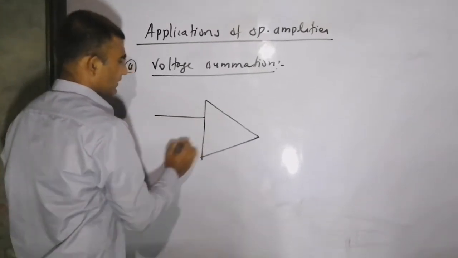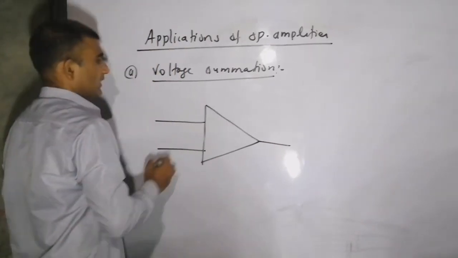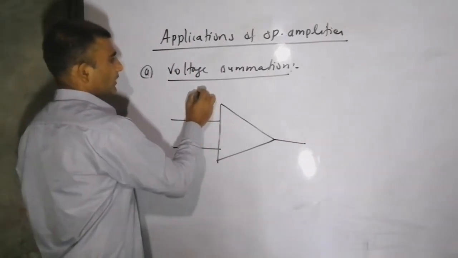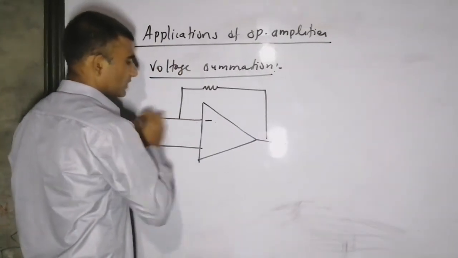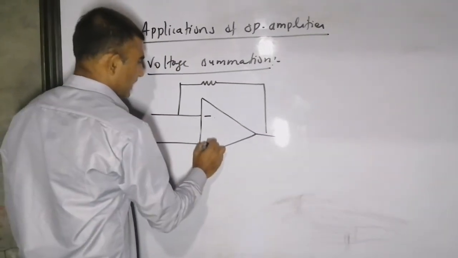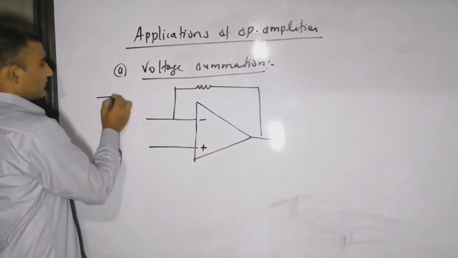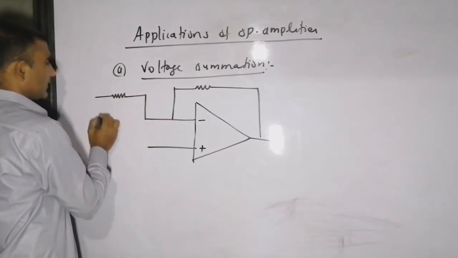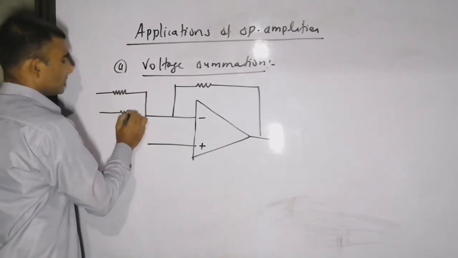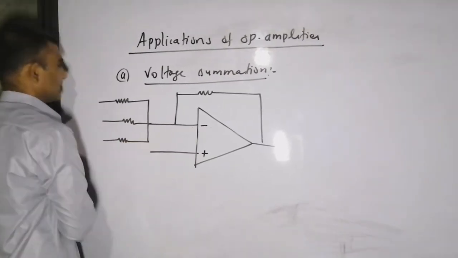So this is our operational amplifier symbol, and as usual we draw a feedback resistance here. This is the inverting input terminal and this is the non-inverting. For simplicity we are taking three inputs, one input here, another input through this resistance, and the third input through this resistance.